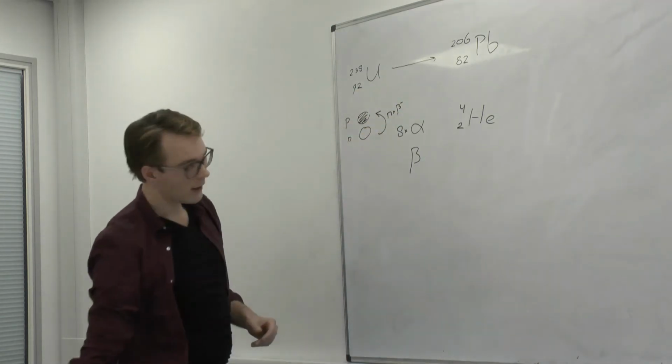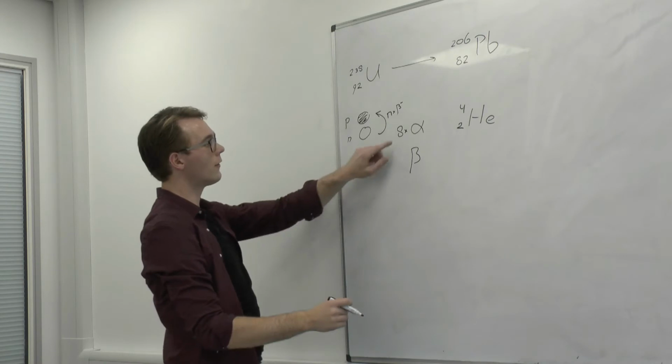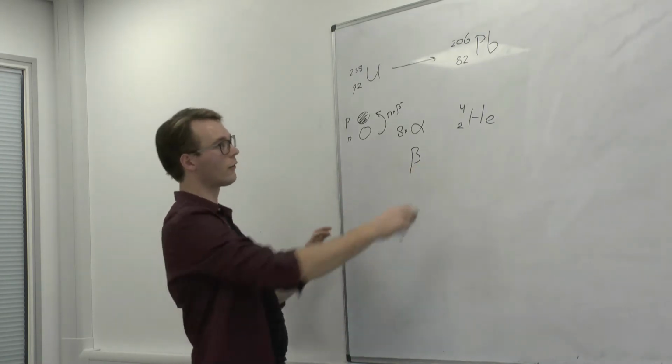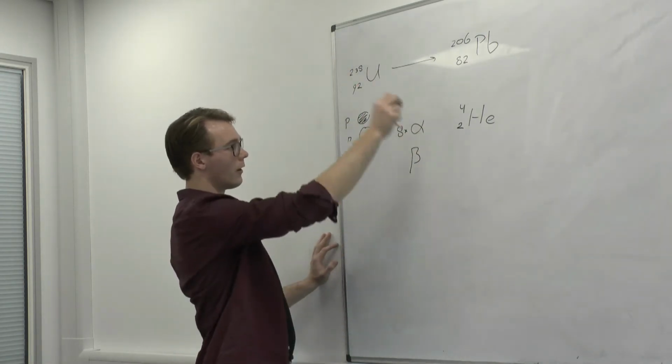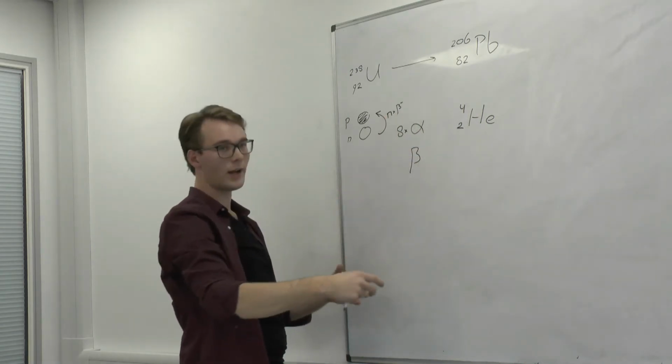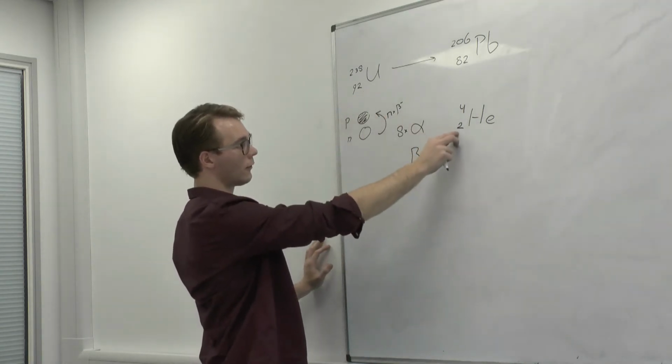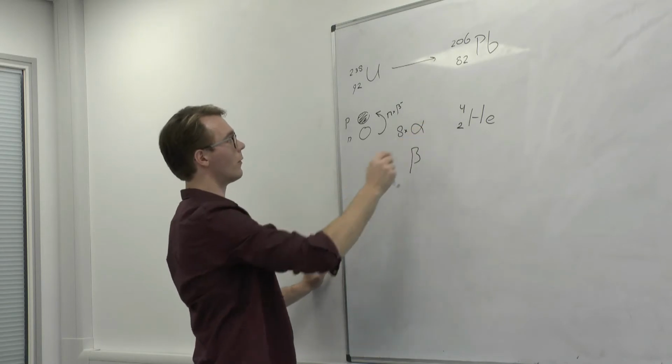Now, how you can calculate that is that every time alpha decay occurs, 4 nucleons separate from this atomic nucleus. So 2 protons will be lost and 2 neutrons will be lost.